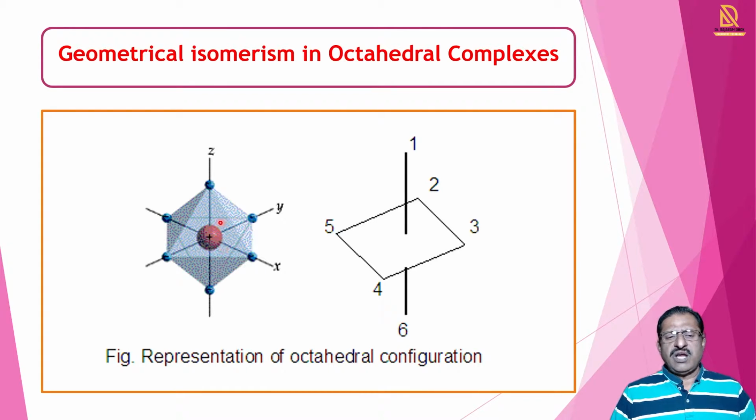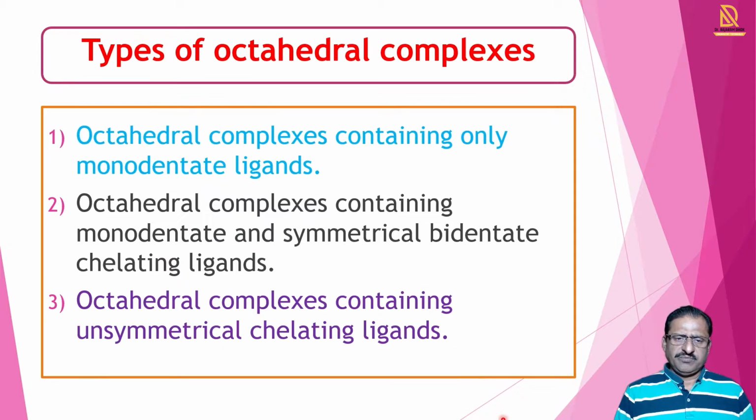Remember that number 1 is at the top and number 6 is at the bottom, and 2 is one of the square positions, the others following sequentially. Using these numbers we can write the different structures and draw the different isomers in octahedral complexes. One by one we can see different examples.